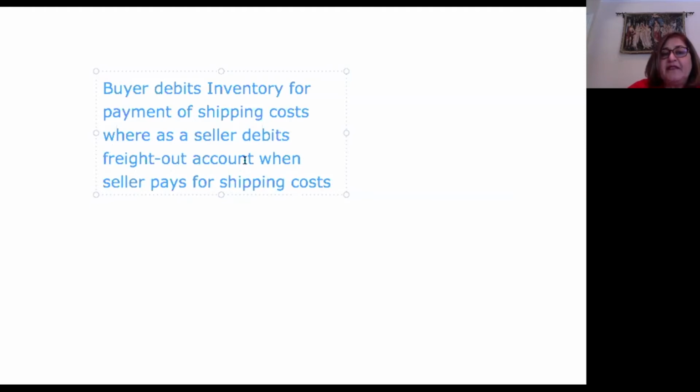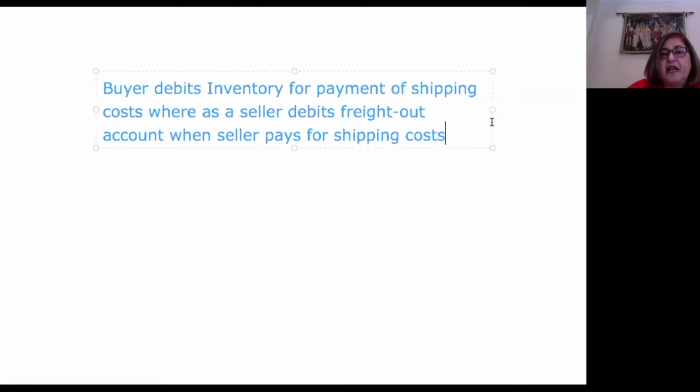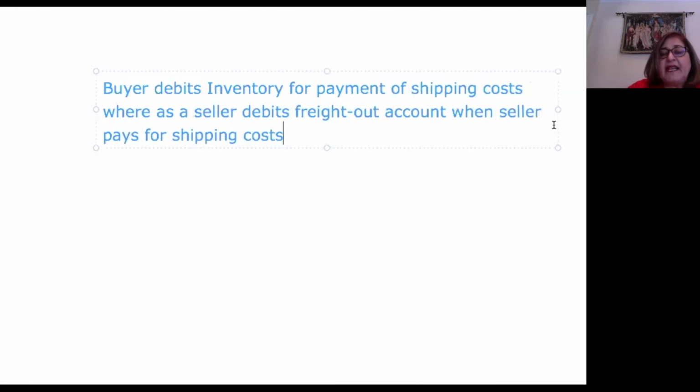Do you see the difference between the two accounts? Inventory is an asset, so we're increasing the cost of the asset when we are the buyer and we pay for the shipping cost.